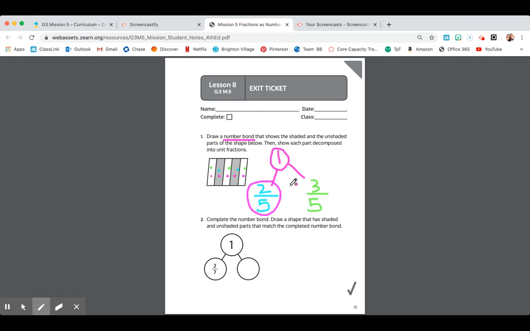But I'm not quite done yet, because then it said, show each part decomposed into unit fractions. A unit fraction is what one piece represents. Each piece represents what? The numerator will always be 1. So if I have 3/5, it's saying I have 3 1/5 pieces. That's 1/5. This is 1/5.